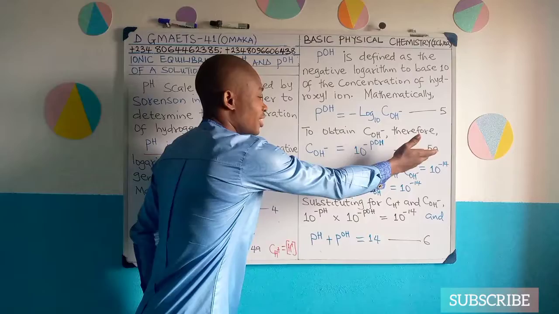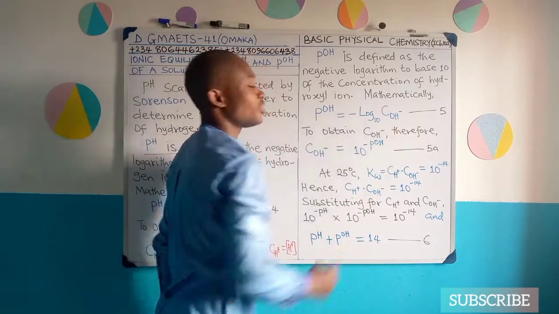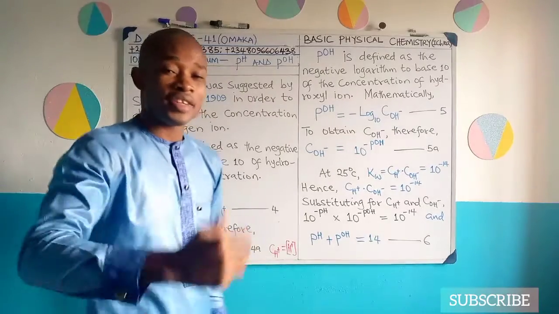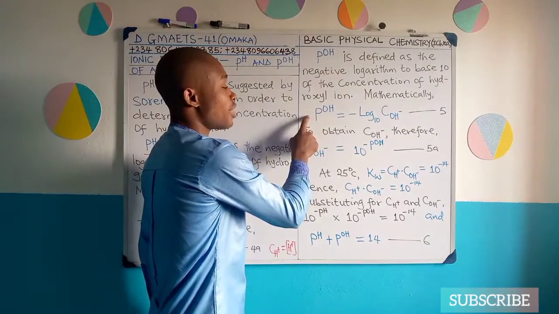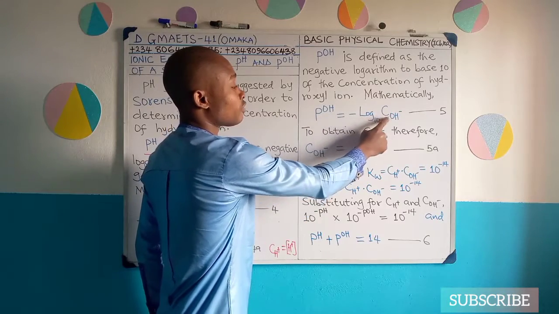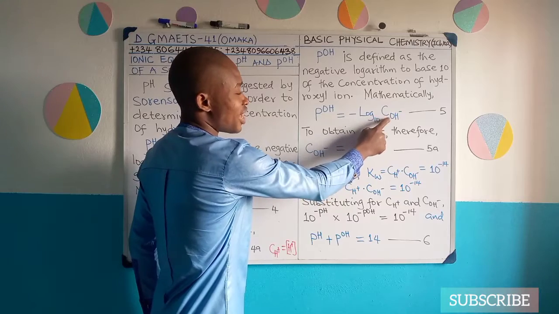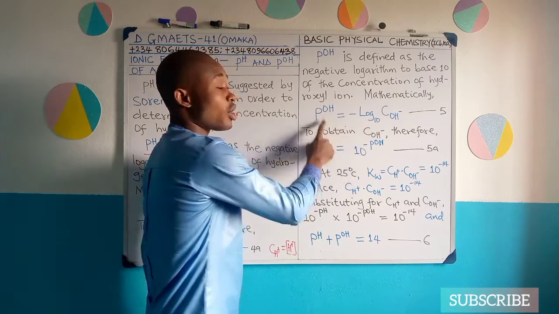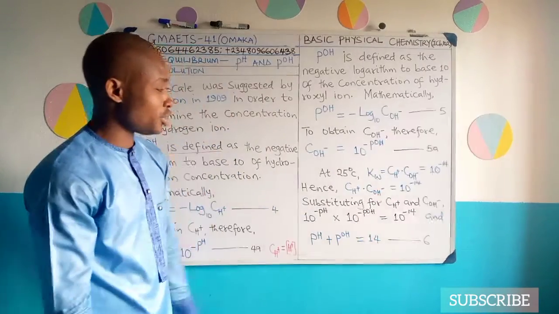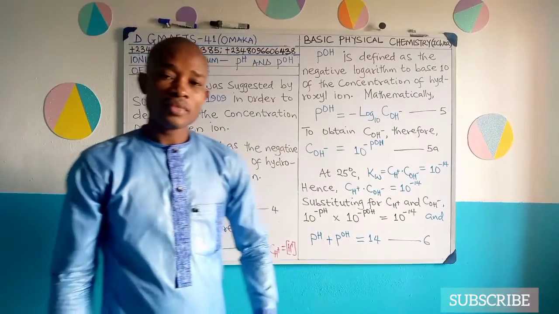Equation 5a is to help us get this hydroxide ion concentration. All we need to do is to still apply the definition of logarithm. Simply transfer this negative here. You have minus pOH equal to log of the hydroxyl ion concentration to base 10. Then to get this hydroxyl ion concentration, raise this base 10 to the power of what? Negative pOH. That gives us equation 5a.